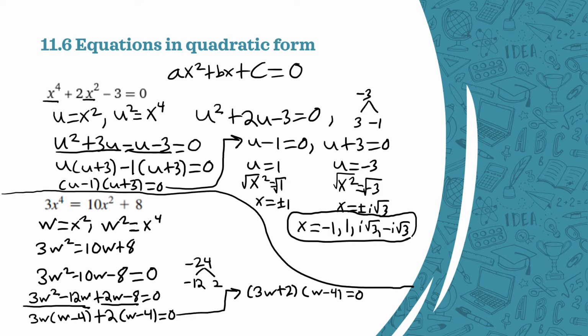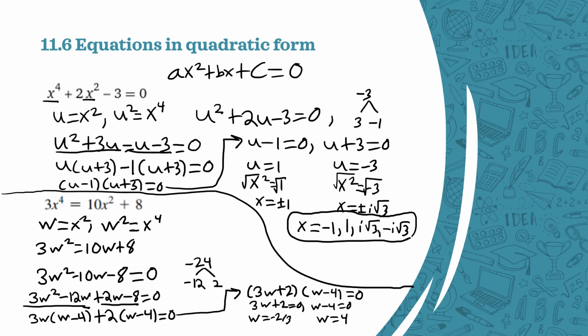So that would mean that 3w plus 2 equals 0, and w minus 4 equals 0. So here, w is going to equal negative 2 over 3, or negative 2/3. And here, w is going to equal 4.